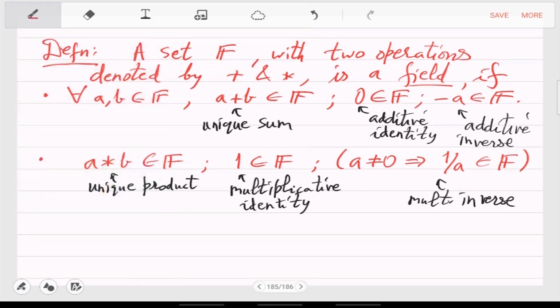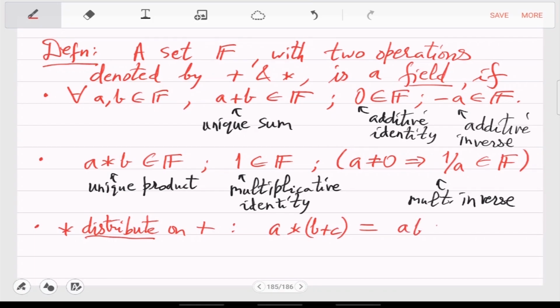And finally, you want these two to interact, which is the distribution rule. So multiplication should distribute on plus. What does that mean? So this means that if you have A star (B plus C), then this should also be AB plus AC.